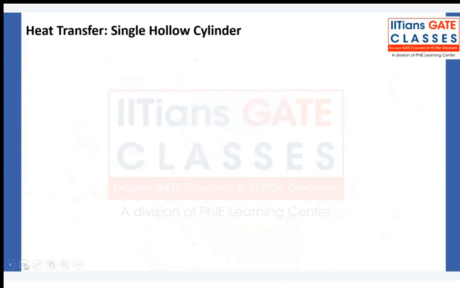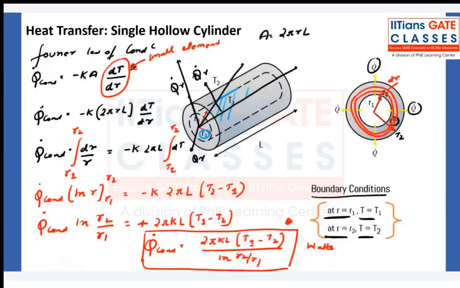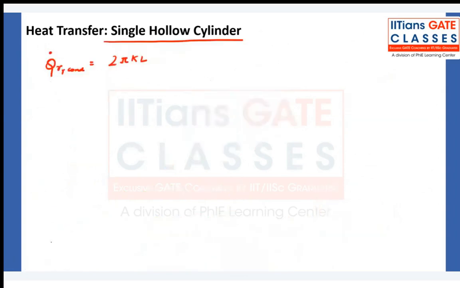If there is a single hollow cylinder, I can calculate conduction heat transfer in the R direction. How? 2 pi k L. What is L? L is the length of the cylindrical body. K is the thermal conductivity, T1 is the inside temperature, T2 is the outside temperature.